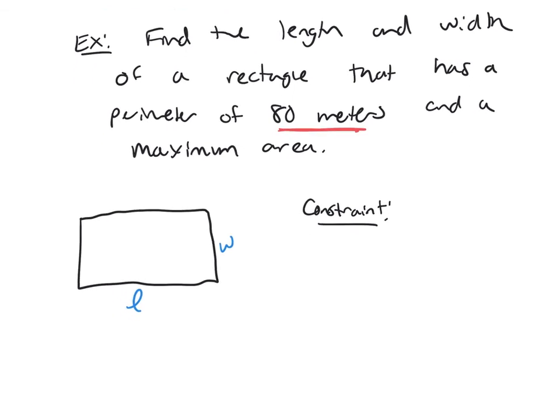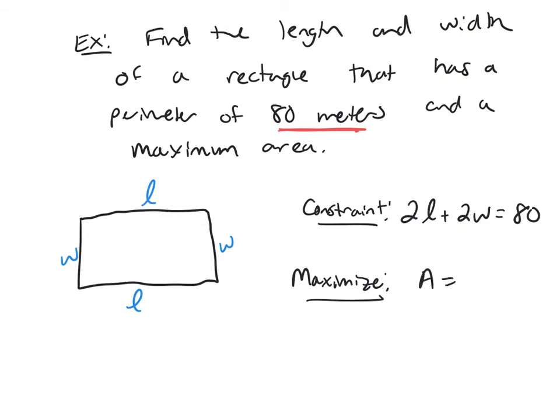So if I add up all four sides, well, this side is also the length and this side is also the width. So our constraint is 2 times the length plus 2 times the width is 80. And then we're trying to maximize area, and the area of a rectangle is length times width.